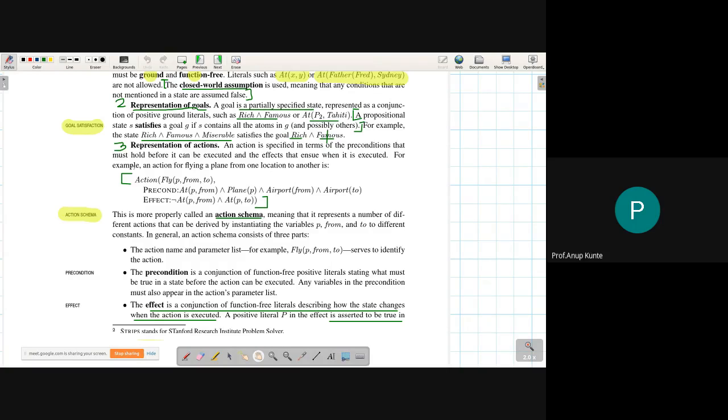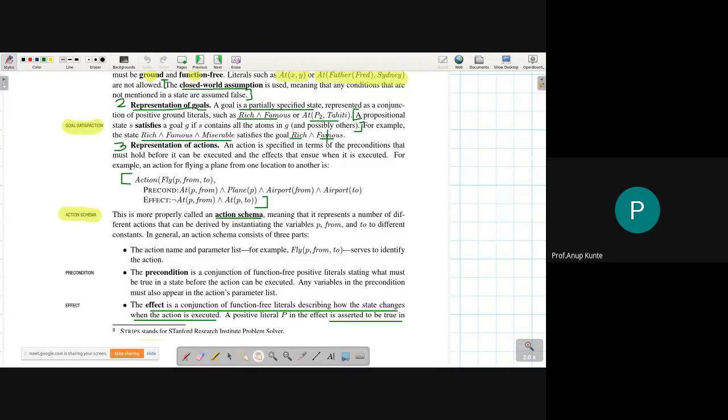And once the action is in effect, the effect of the action gets generated. The effects may have positive and negative literals. The positive literals are asserted in the state, and negative literals are removed from the state.